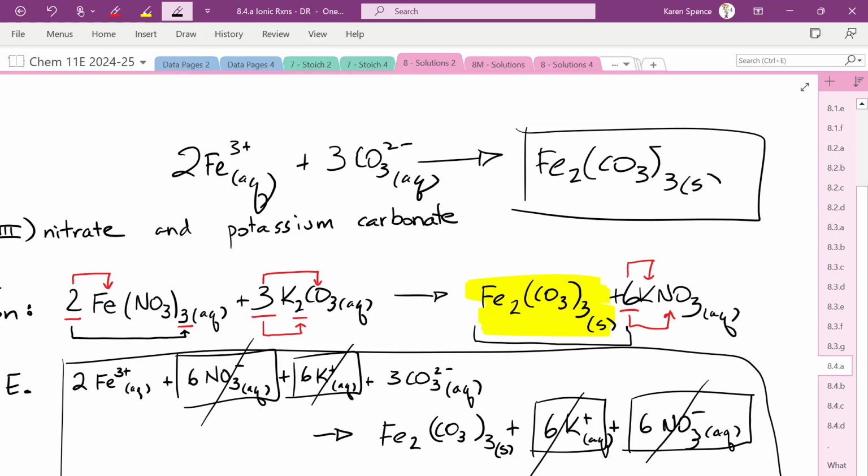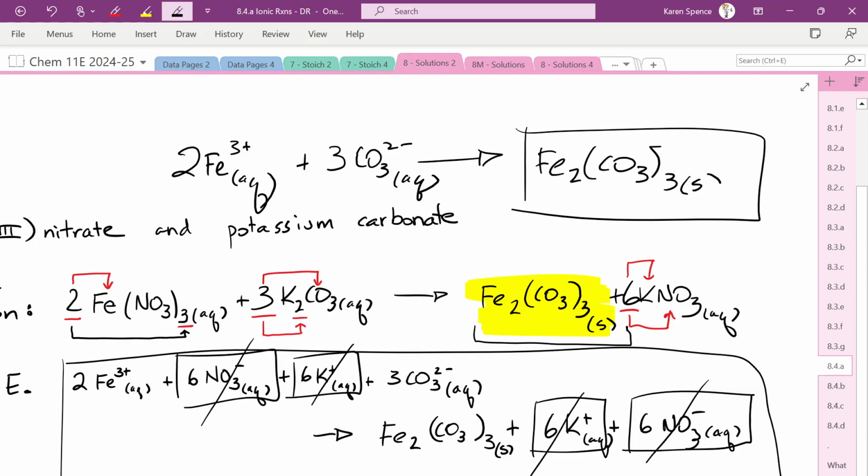Yes? Since a precipitate, it has to be a solid or a liquid, right? A precipitate is a solid. Only a solid. Now, if you're writing a net ionic equation and you've got an acid-base reaction, your liquid will act the same way.